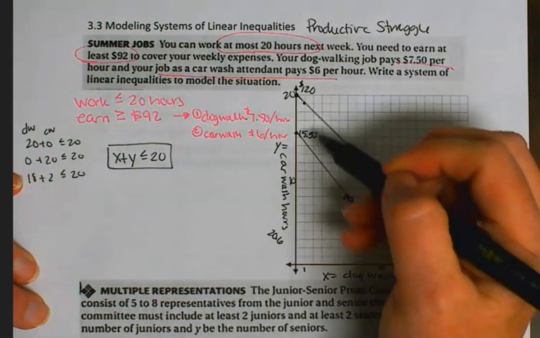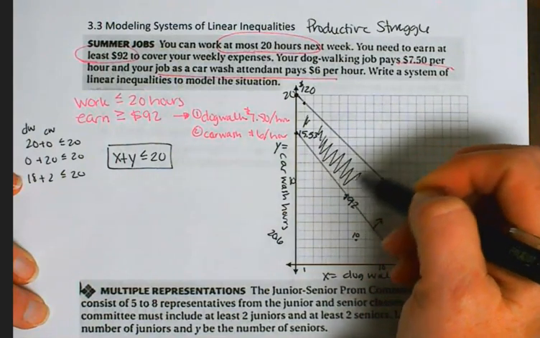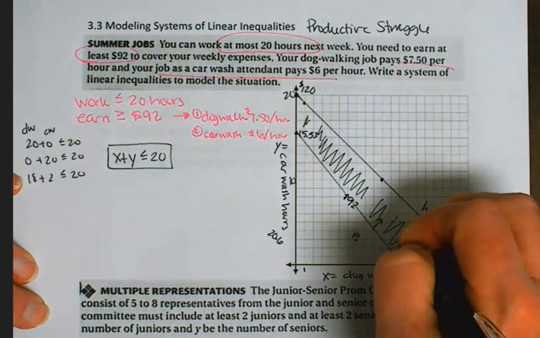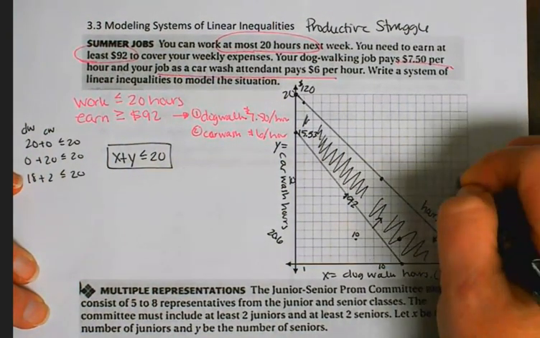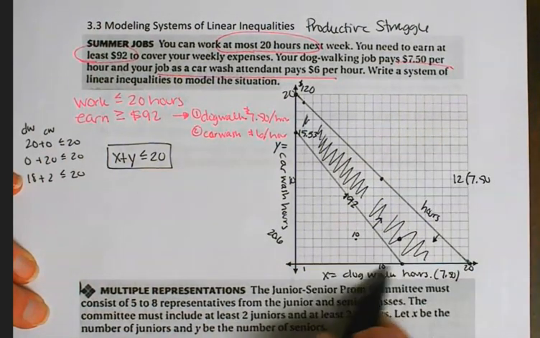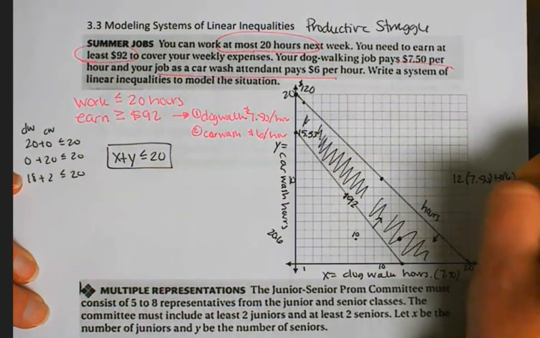So what should happen is that if I had a pencil, I would shade it in nicely, right? This would be all of this area here. And I could pick any point. Let's pick this point. That point is 12 and 3. So that's 12 times 7.50, because it's 12 this way, which is 7.50, and then plus 3 that way, plus 3 is $6.